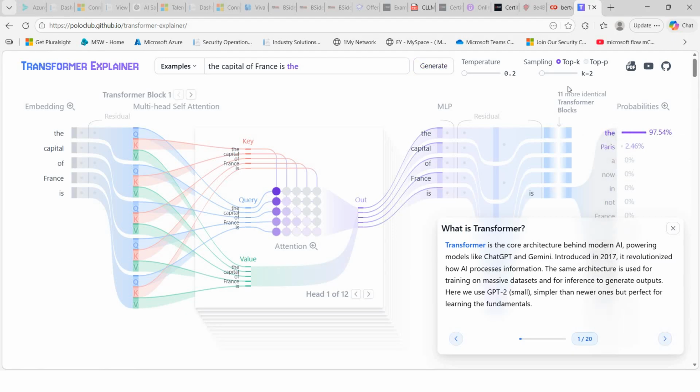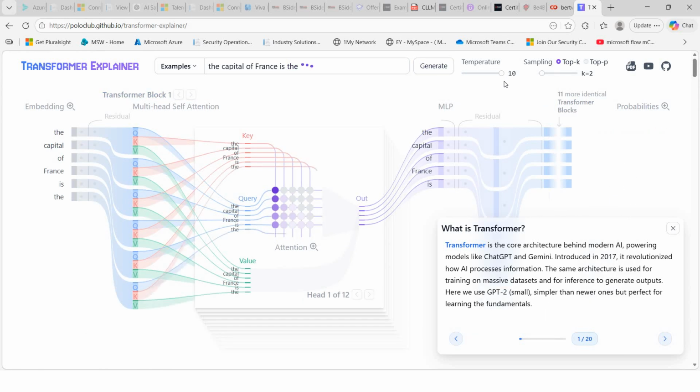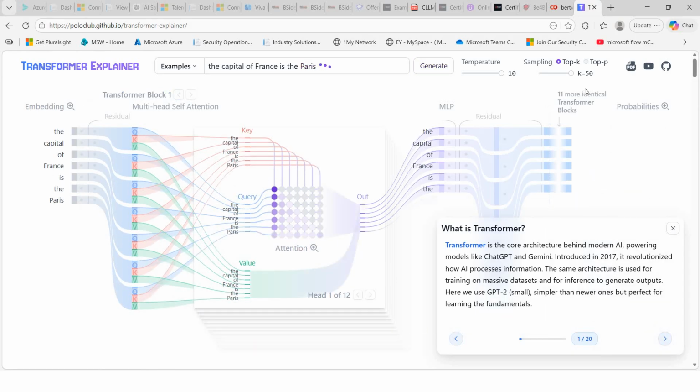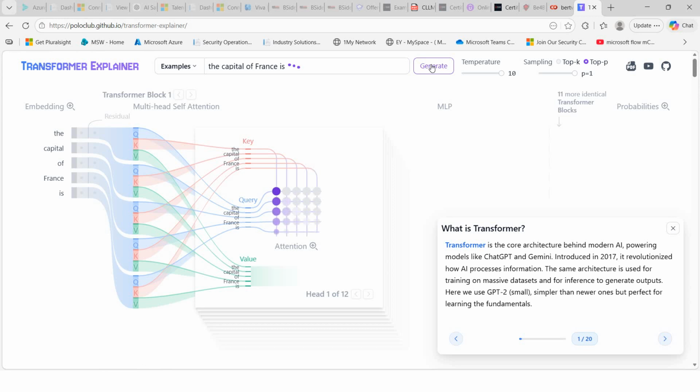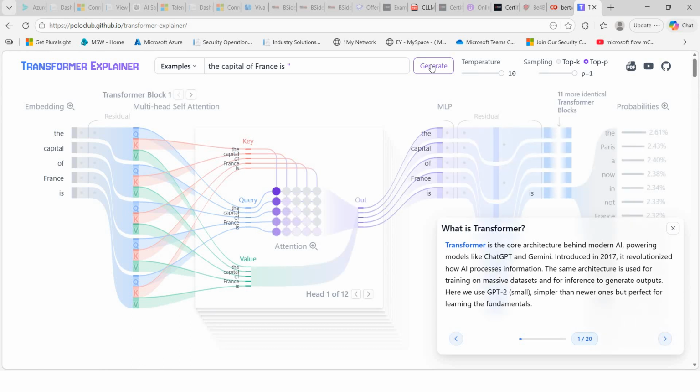So Paris has a lower predictability, but if I want the exact value, let me just change the temperature value and see how it gives us a response. "The capital of France is the city." Okay, like that it is given. But if I change top K to maximum, what does it give? "Suburb." Okay, like that. Top P.